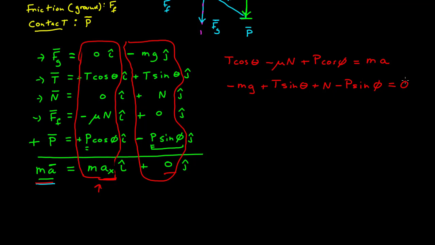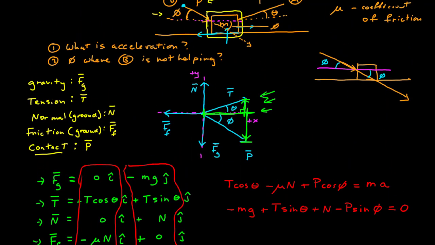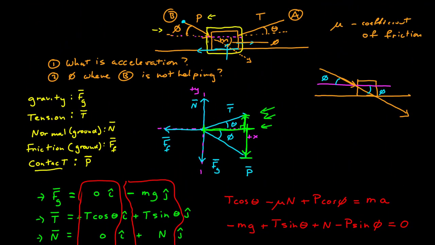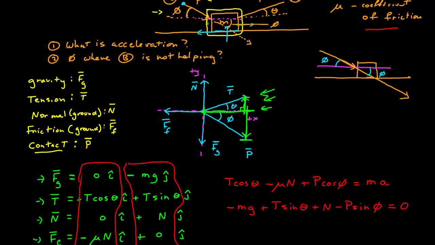So, does this information give me enough to solve my problem? In the beginning, I was told that there's a tension T at angle theta, a push P at angle phi, and a coefficient of friction mu. So these are knowns. Let me stop here for a minute.